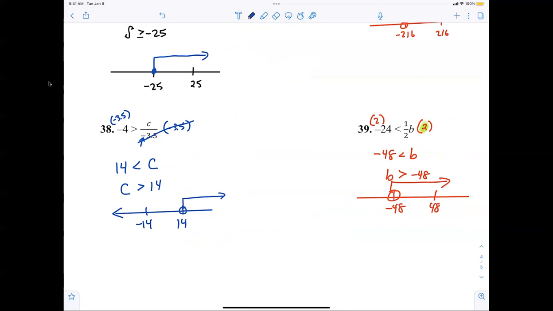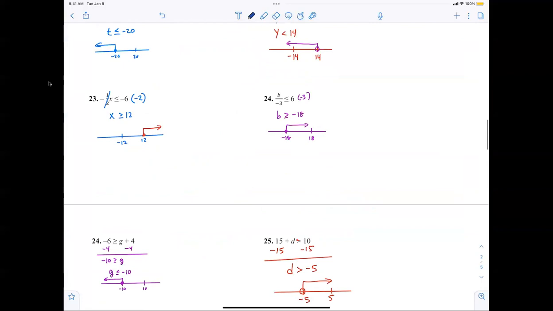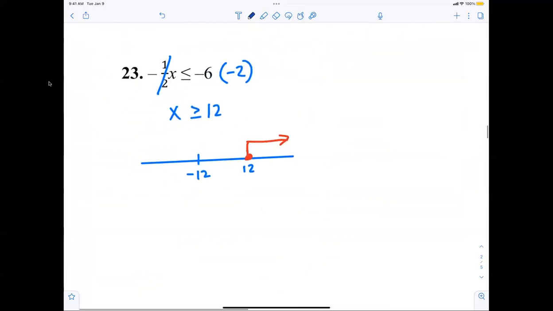So then for number 23, you're just multiplying it by 2. What kind of 2? Negative. Yes. Decimal. Multiply by 10. Yes.